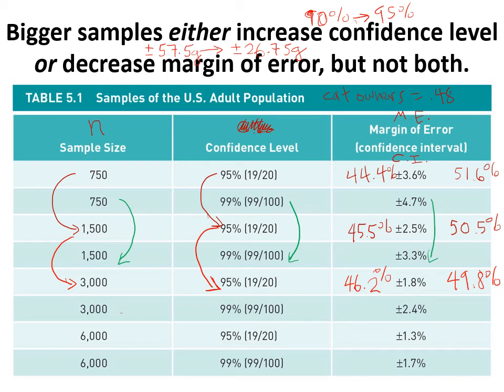So with 750 people and a 99% confidence level, we have a 4.7% margin of error. So that's a wider interval. If we then quadruple that, so that would be this case right here, we see that.